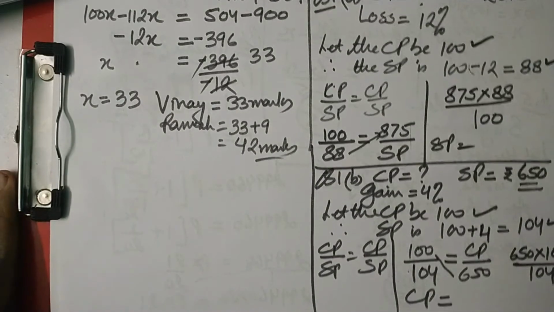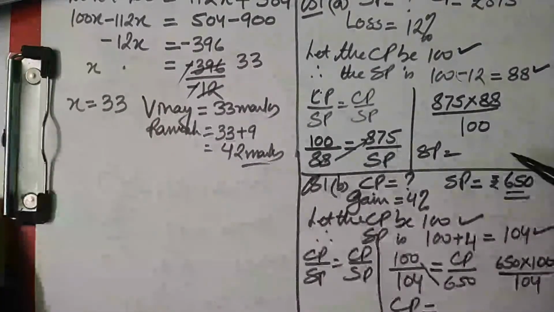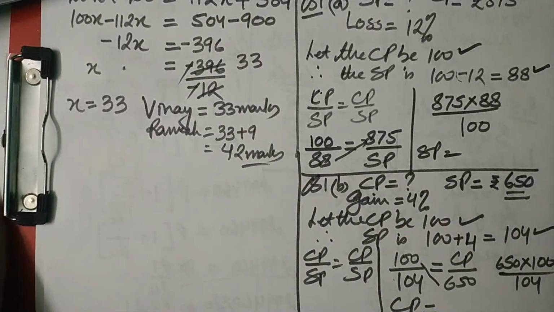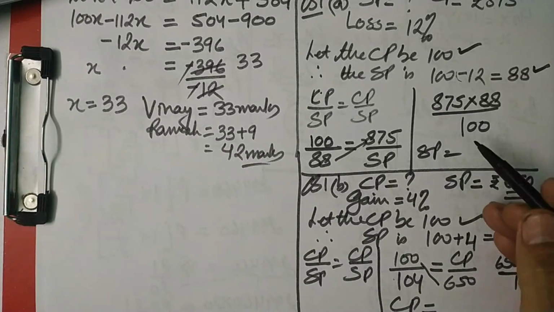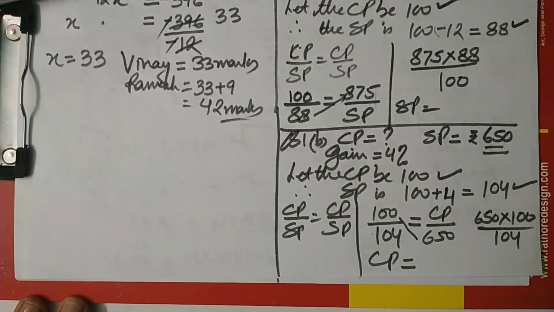So what is the answer here and here? First type what is the answer here. Cancel it. Here also you cancel it.